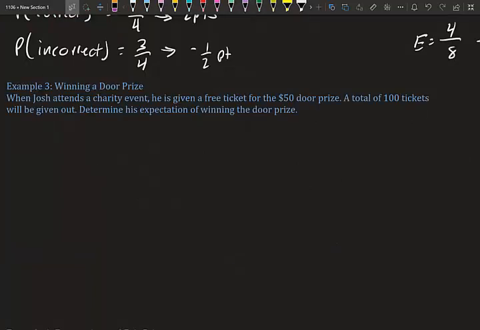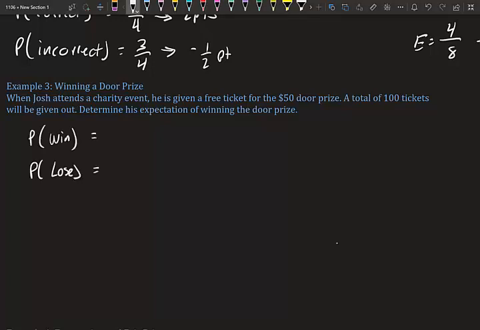Example 3. When Josh attends a charity event, he is given a free ticket for a $50 door prize. A total of 100 tickets will be given out. Determine his expectation of winning the door prize. So we need to know the probability of Josh winning and Josh losing, because it doesn't give it to us.